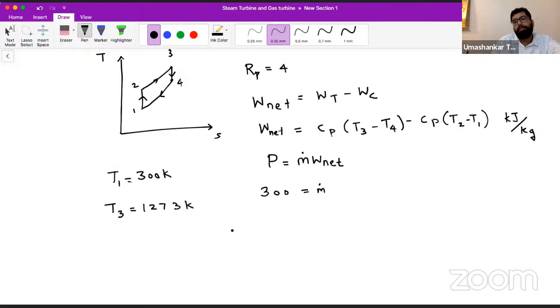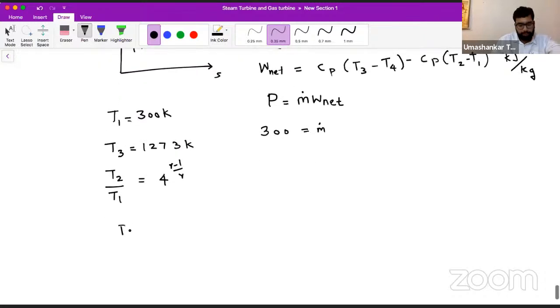So if we can find T2 and T4, we will have our answer. We know T2 by T1 is the pressure ratio, P2 by P1, to the power (gamma minus 1) by gamma. From here we can get the value of T2 if we have T1. The value of T2 is coming out to be 857 Kelvin.